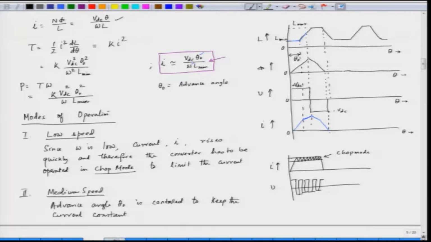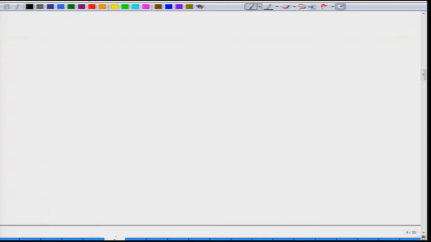So, we will be dividing our operation into a few zones here. So, the zones are as follows. So, this is torque versus the speed, and we choose a base speed here, omega base.